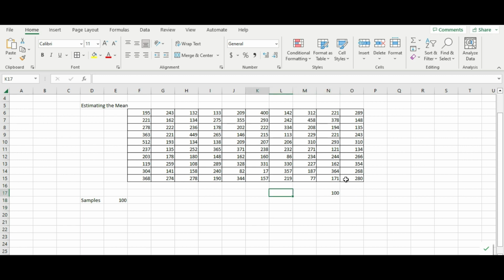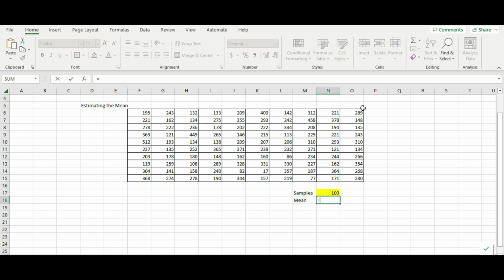Let's put the sample size as 100. So we get the mean. So the average is 200.